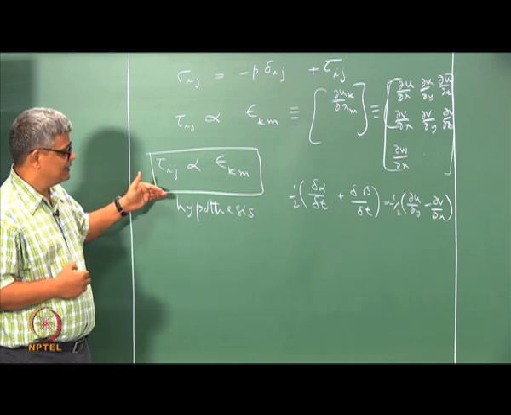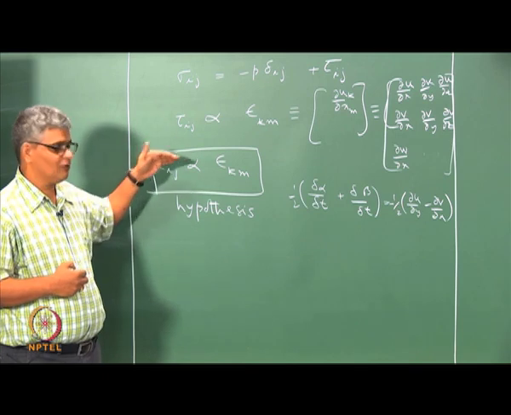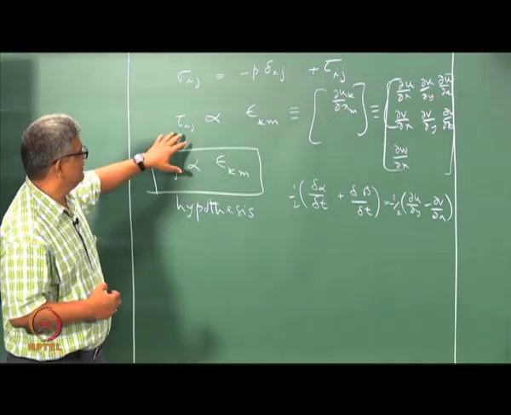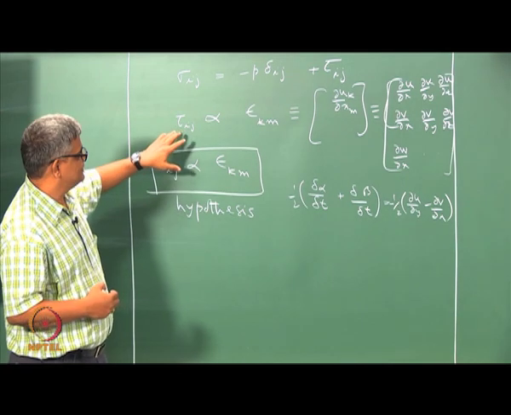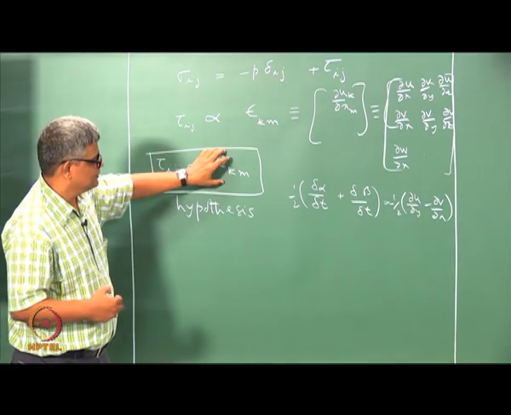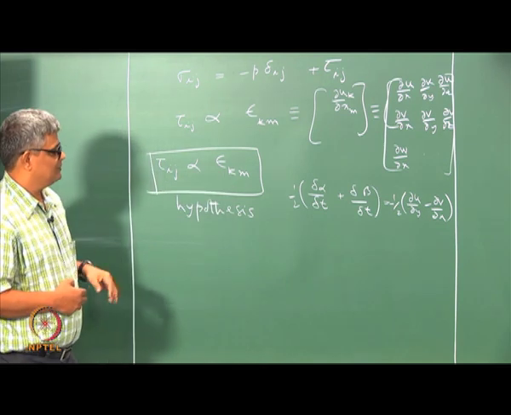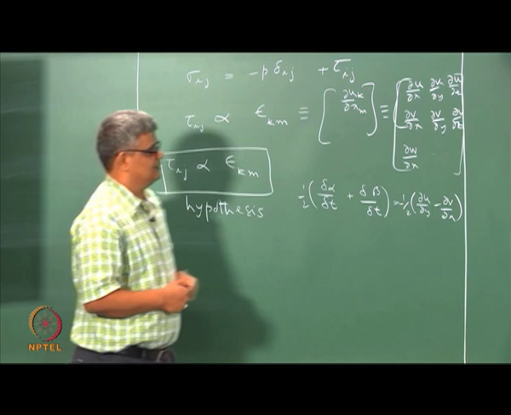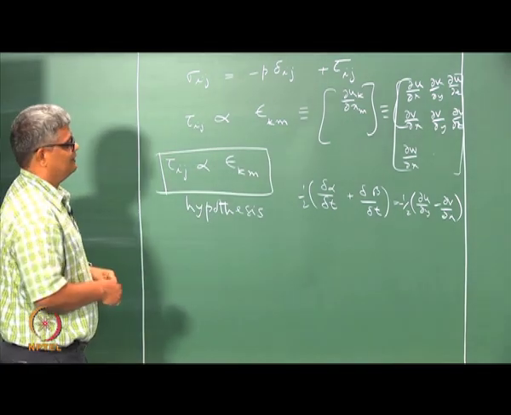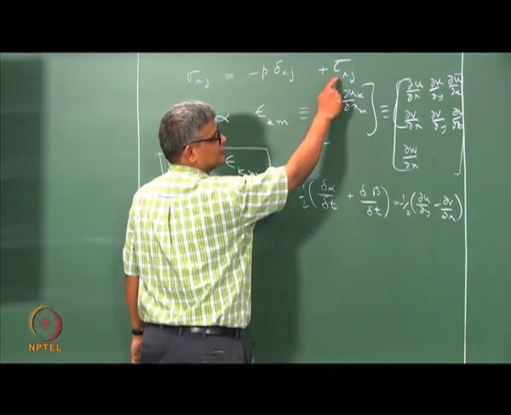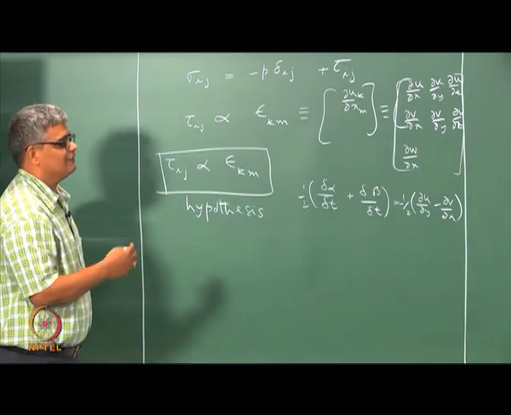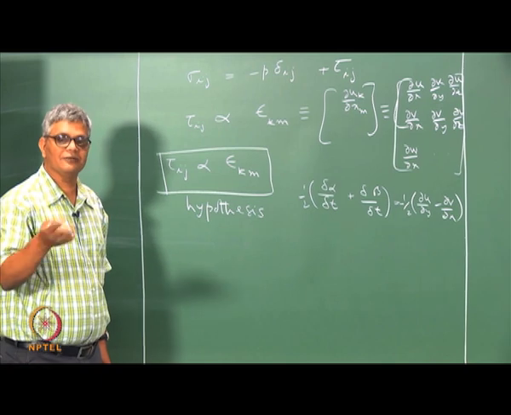So with this, we would like to have a mathematical formulation, so that we can rewrite this tau ij in terms of this deformation strain rate tensor involving the velocity gradients, so that if you substitute this into this, then the stresses would disappear and you will only have velocity gradients, and the velocity gradients are not new variables.